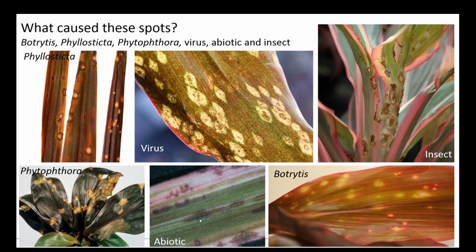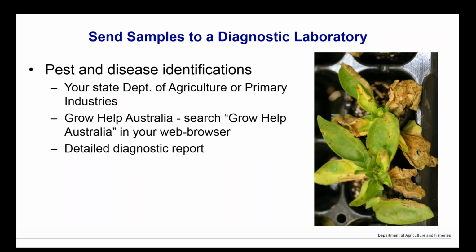You've got some abiotic. You can see the anthocyanin production down here. Insects can even cause some problems, at least in certain geographic regions on the cordylines. So it's not always simple, and it can be worth sending off your sample.